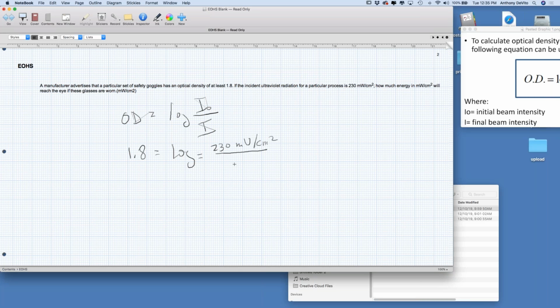We want to calculate the radiation that's reaching the eye of the person being protected by these glasses. So 1.8 is equal to the logarithm of this ratio.